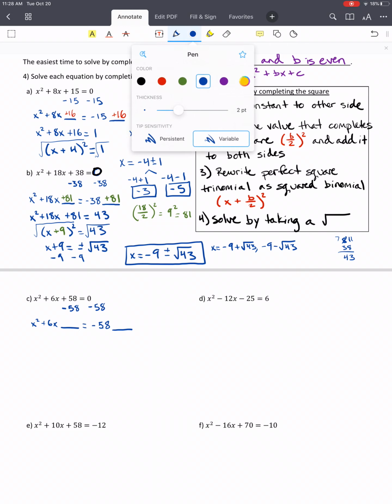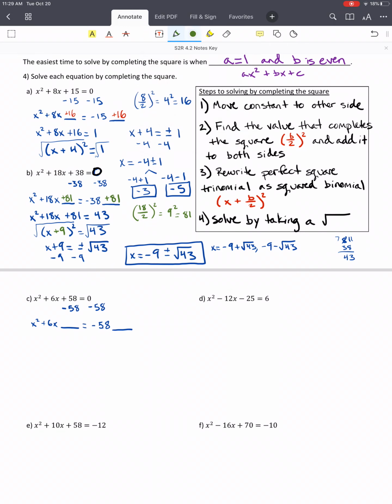Find the value that completes the square, which is b over 2. Then we've got to square that. So I'm going to add 9 to both sides. Which means I have x squared plus 6x plus 9 equals negative 49.